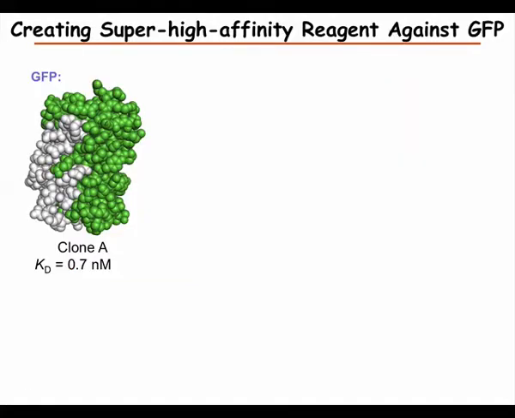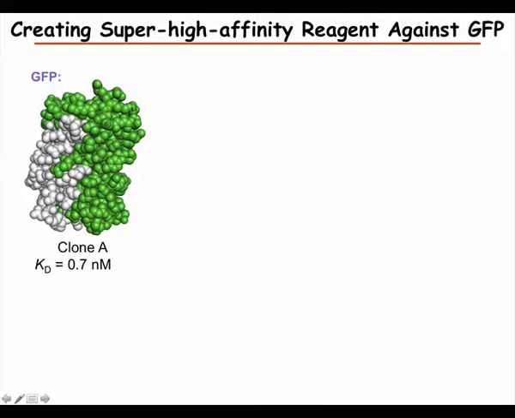Now the other thing that is nice with this method is that you don't get only one antibody. You get several. So in the case of GFP, we got 26 different antibodies. And then we used NMR to see where on GFP they bound.